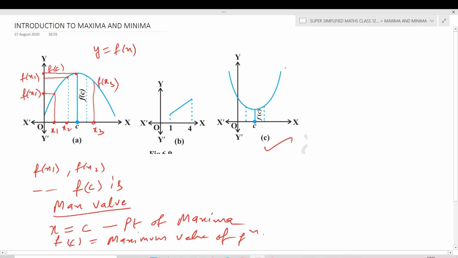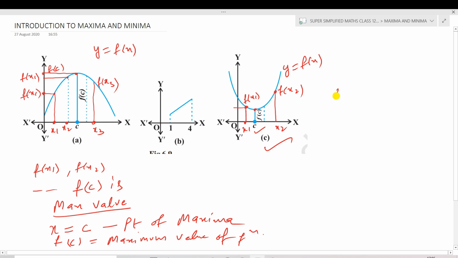In this figure again we are considering the graph of the function y equal to f(x). If you take any point x1, the corresponding value of the function, that is the height on the y-axis, is f(x1). Consider any other point x2, the corresponding height is f(x2), and you can see the point c, and the value of the function at the point c is f(c).